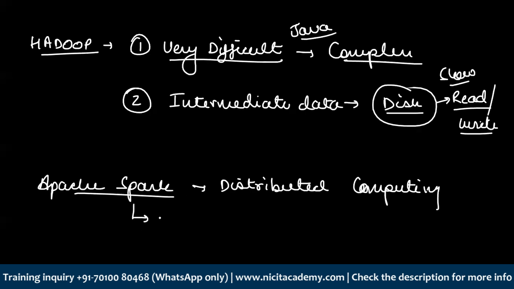You can interact with the compute using Python, that is PySpark, or Scala. If you know Java, you can write Java also. If you want, you can deal with it using SQL also. So it is not required for you to only know Java to work with distributed computing in Hadoop. So one problem it solved, correct?